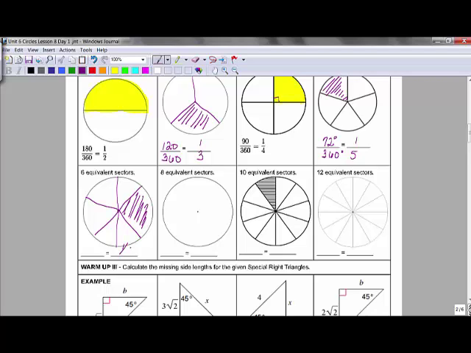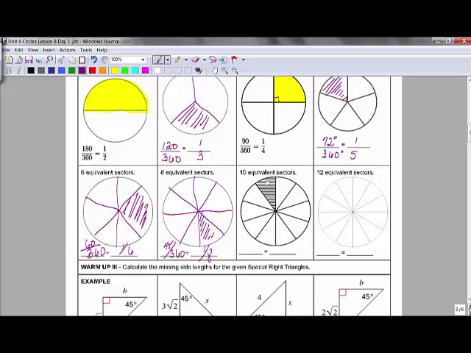So this will be 1 out of 6, or 60 out of 360. I need 8. Again, you're using a straight edge. I'm just freehanding it. I'm going to take my 4 and I'm going to cut each one of those 4 in half to get 8. I'll shade 1 out of 8. This is 45 out of 360.